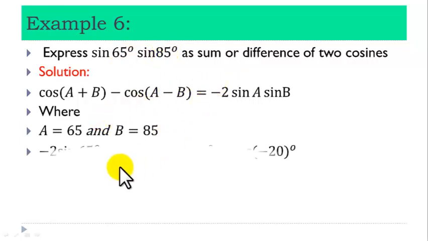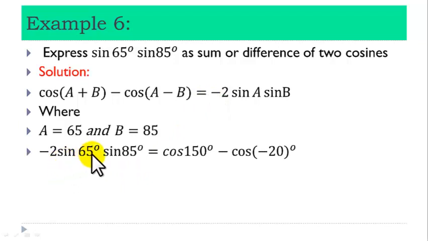This will give us minus 2 sin 65 degrees sin 85 degrees is equal to cos 150 degrees, that is cos(A plus B), minus cos of minus 20 degrees, that is cos(A minus B).